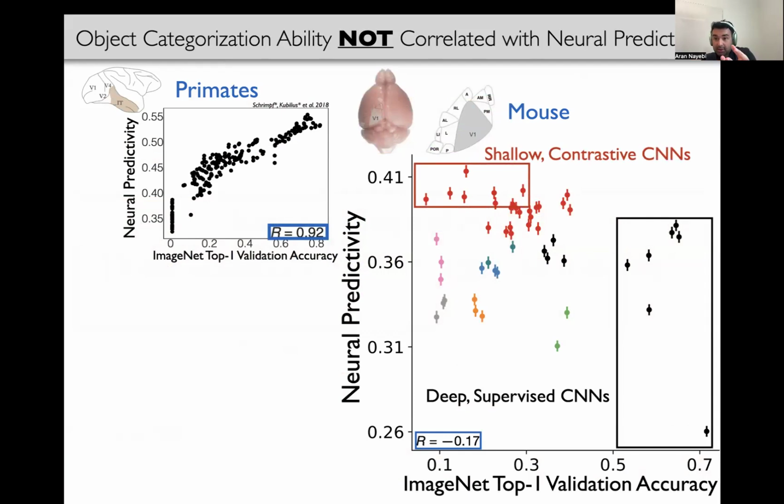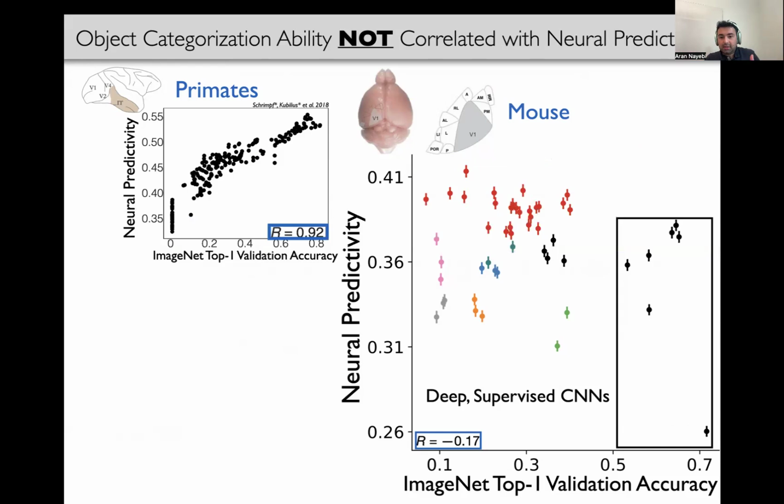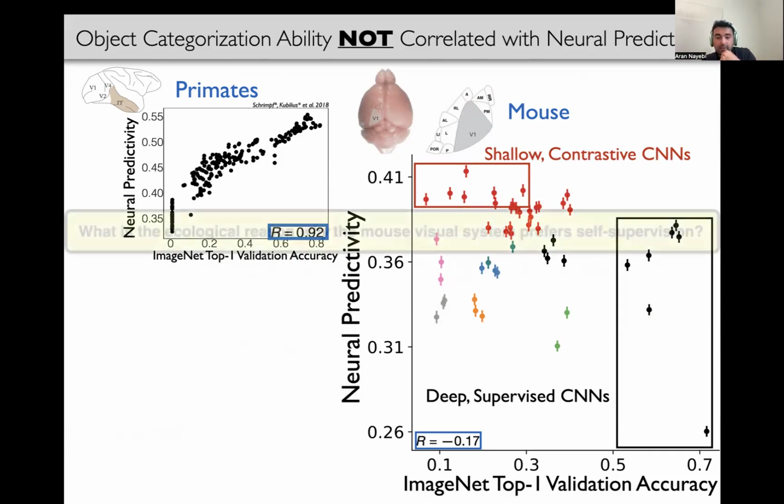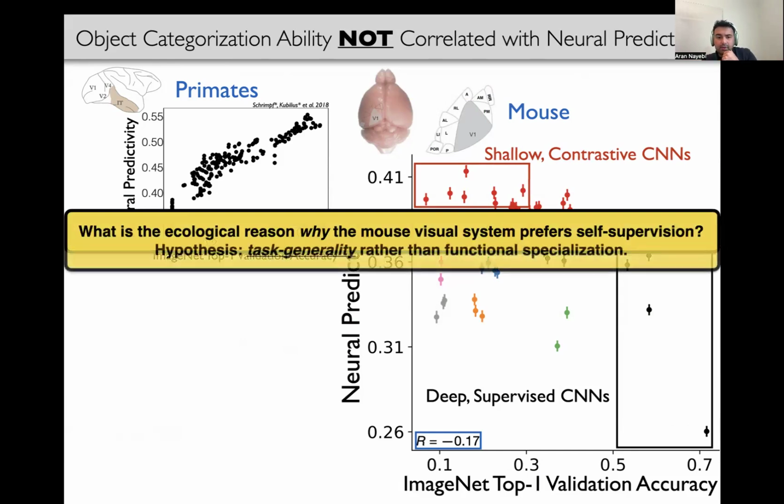In other words, the very powerful unsupervised algorithms that came out in the last several years were very crucial, coupled with a shallow visual cortex. So we wanted to understand why this is the case. This approaches the animal-to-animal consistency, about 90% of the data noise ceiling, actually. So why might the mouse visual system be preferring self-supervision?